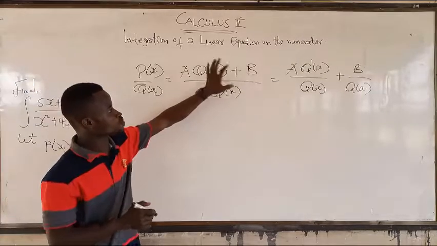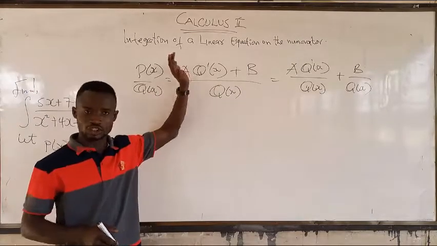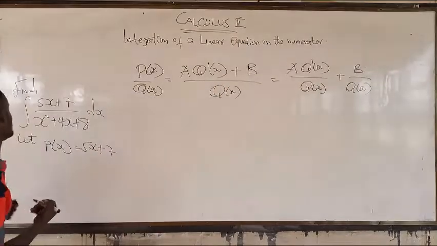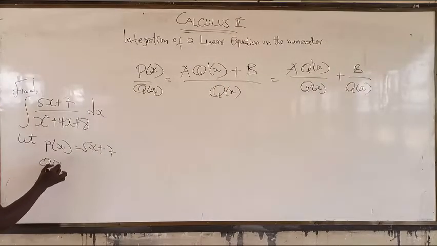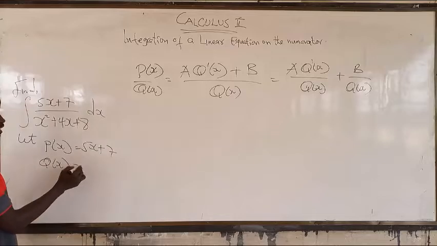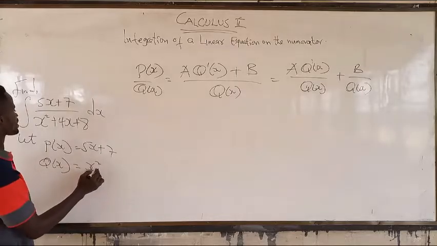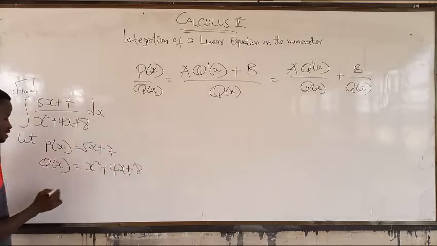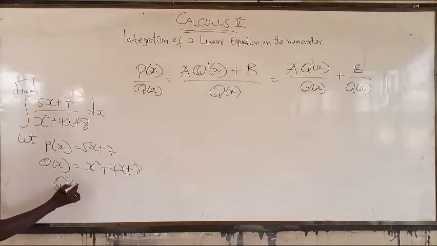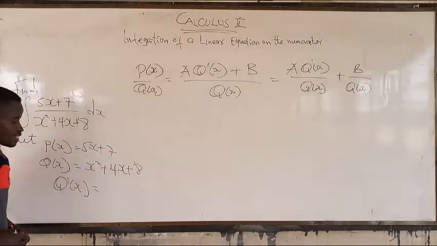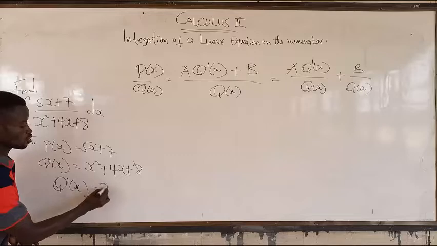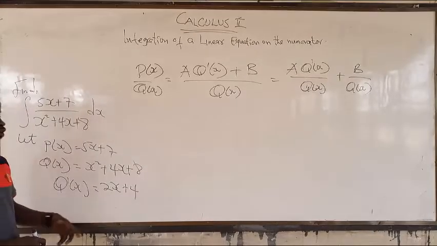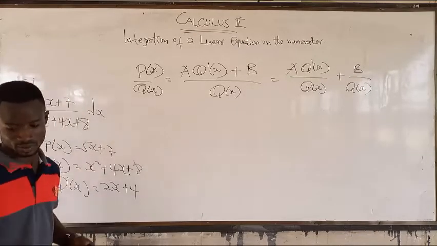Don't forget that with the expression of this, you are not going to do anything with the numerator. Then you take the denominator, which is S squared plus 4S plus 8. Then you take the derivative of it, and that is going to give you 2S plus 4.